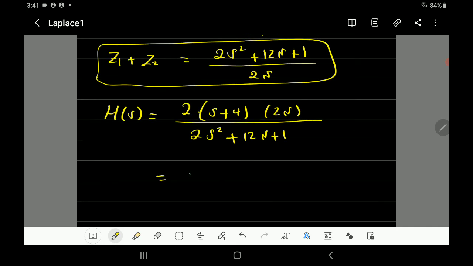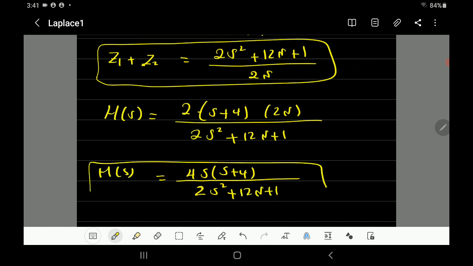So you have 4s times (s plus 4), and on the bottom you have 2s squared plus 12s plus 1. That would be the transfer function that was in question. Of course, you can simplify or factorize, but in general that's the solution required. Okay, I hope that was helpful.